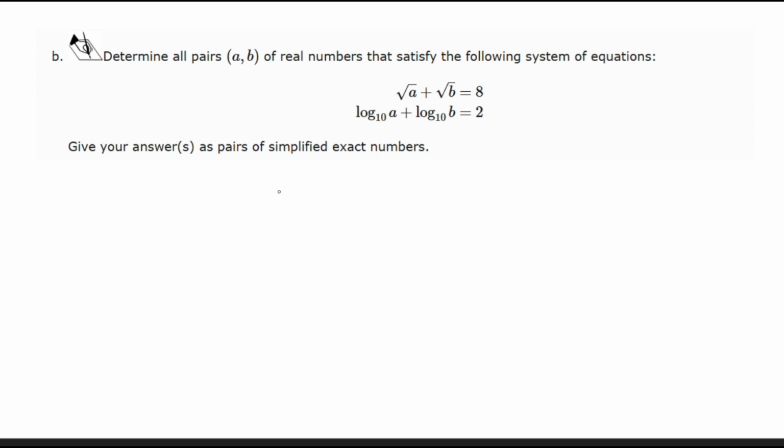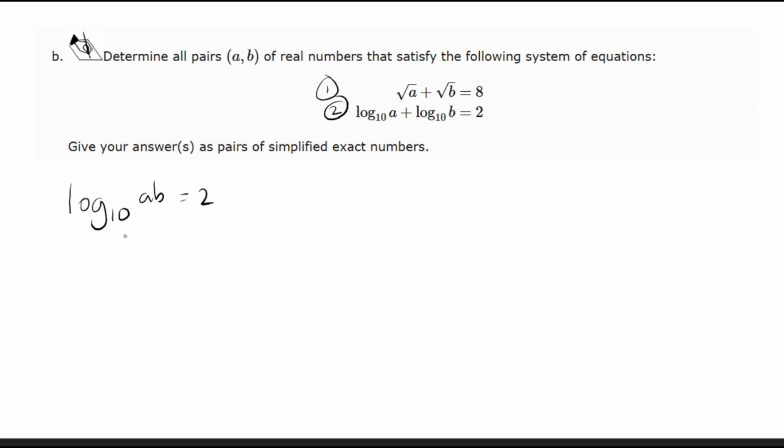Alright, so of course, the second equation, super easy to handle. Let's call this equation 1 and 2. Same base, we can actually multiply the arguments. So we're going to get log base 10 of AB equals 2. This is saying that the exponent we put on 10 is what we get AB.